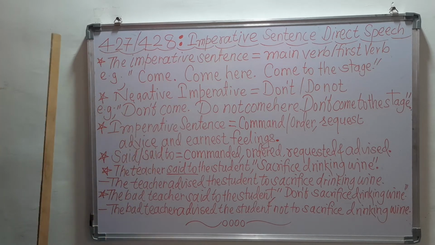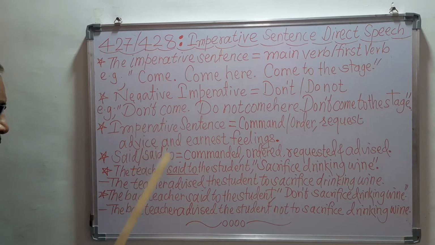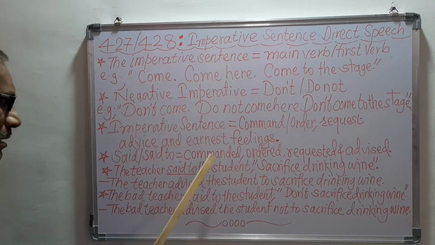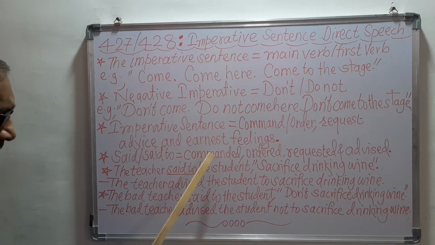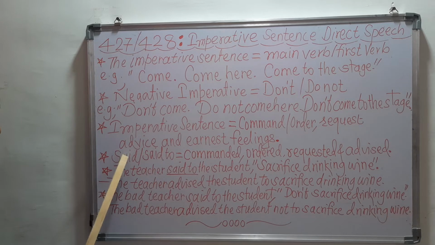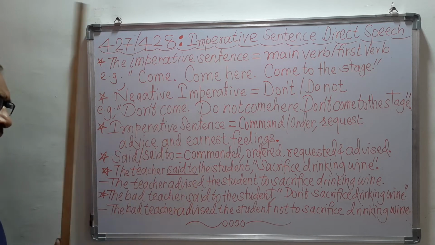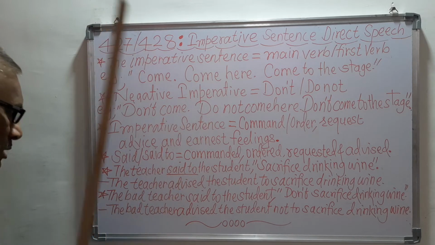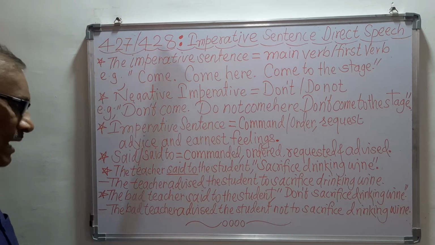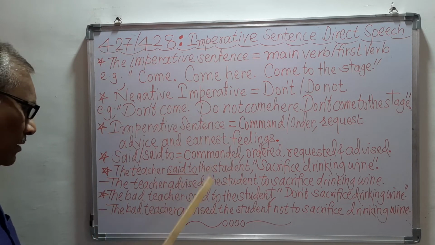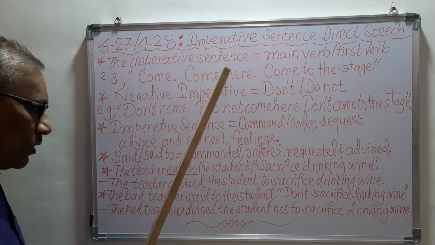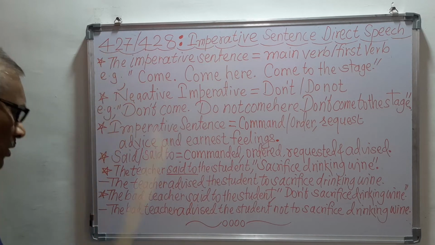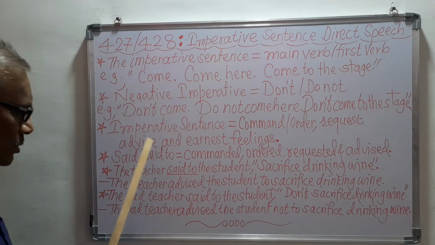When there is said or said to, we should take the word commanded if in the sentence there is a command. If there is an order, we should write the word ordered instead of said or said to.